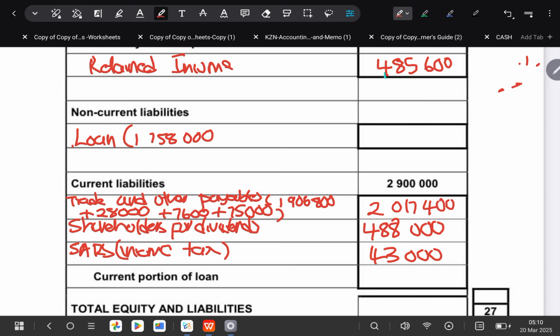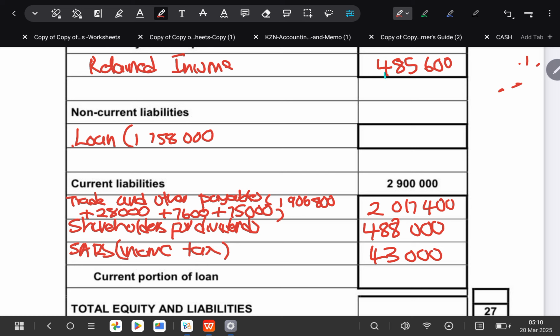So let's confirm. 1,906,800 plus 28,000, and then plus 7.6, and then plus 75,000 is going to give you 2,017,400. So we have everything here.